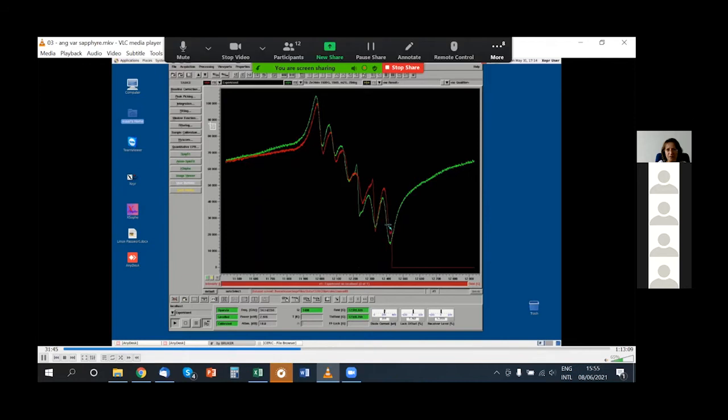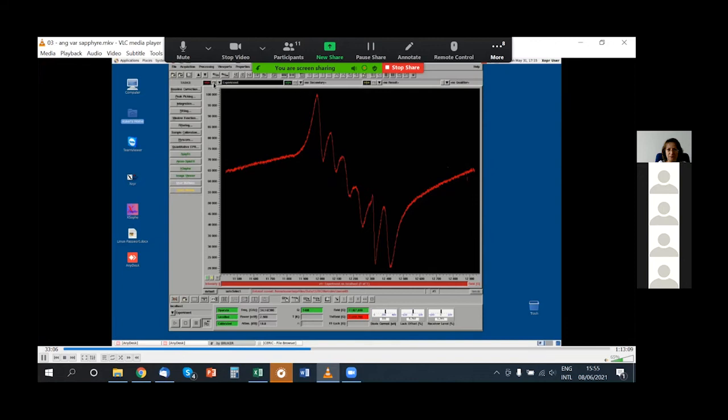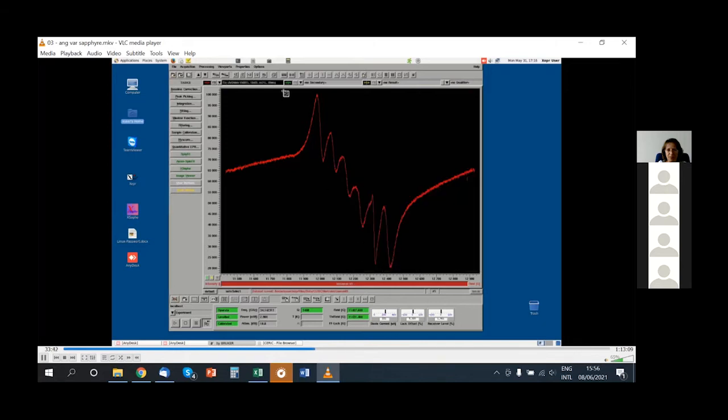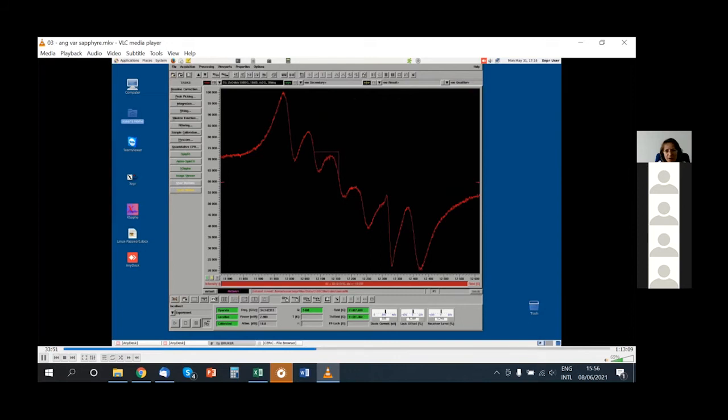Again, this line is moving. So I have rotated again.